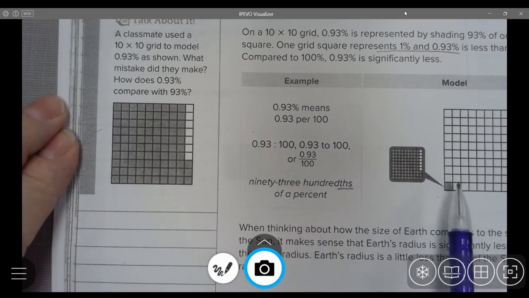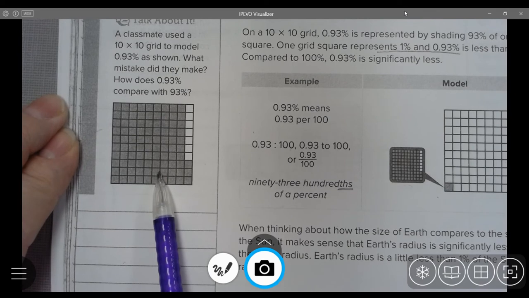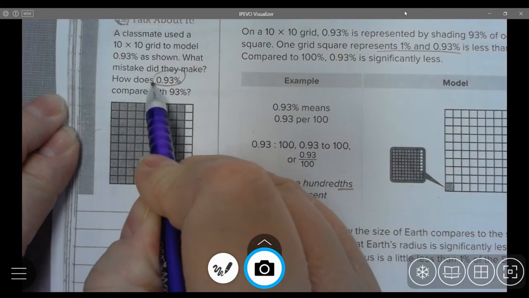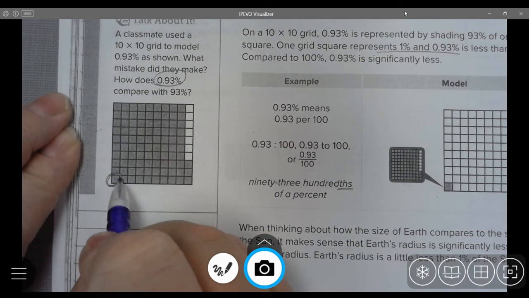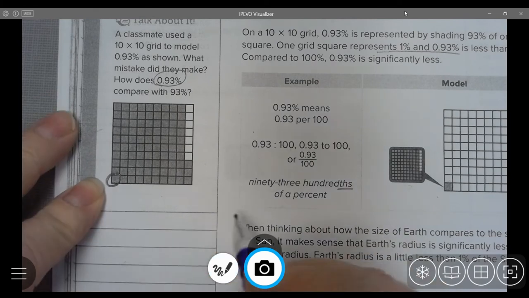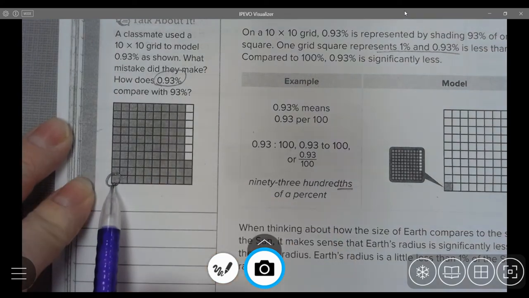If we're comparing 93 hundredths and 93%, the mistake they made, if they're trying to show 93 hundredths, is that they would need to show a very small amount in one small section, because 93 hundredths is less than 1%. This small square shows only 1%.